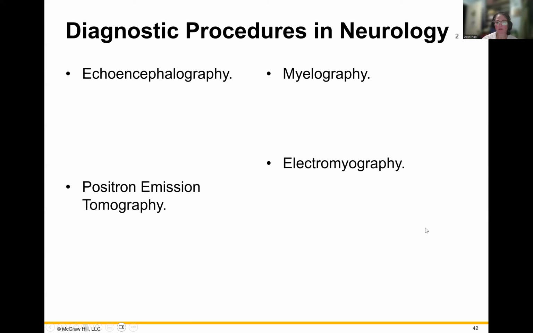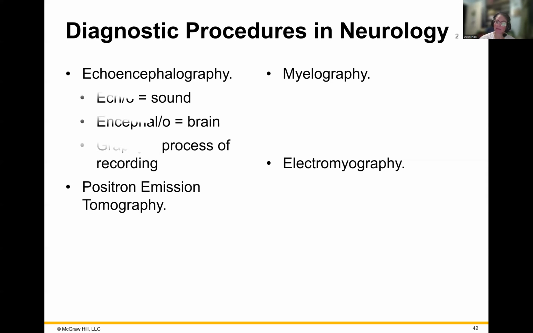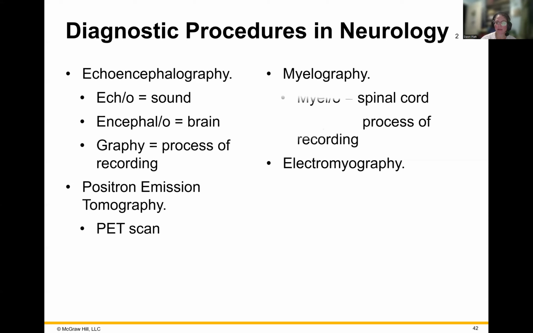Color Doppler ultrasonography and echoencephalography, a little bit different. Echo is different than electro. Positron emission tomography, referred to as a PET scan, myelography, and electromyography.